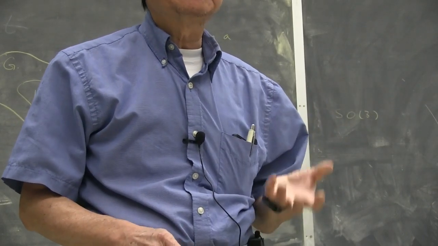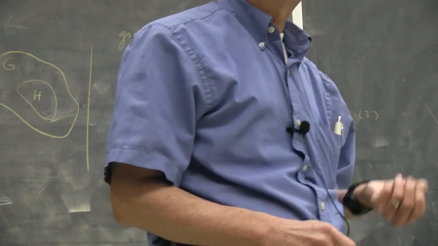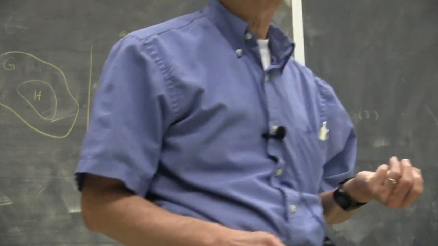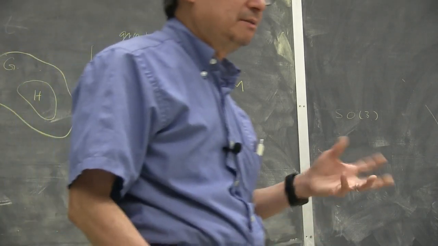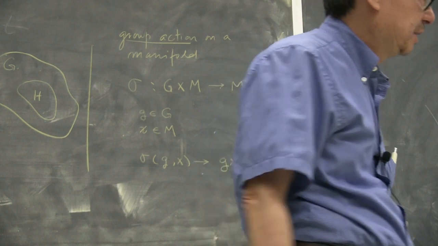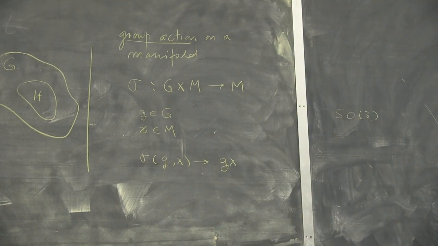Anything in SO3 is a 3 by 3 special orthogonal matrix, okay? Now we call this SO3 because of that property, but you know that we have come across this many, many times already, both in this course and elsewhere in classical mechanics, that SO3 is a set of three-dimensional rotations, right? And what is a three-dimensional rotation good for? It's good for rotating something in three-dimensional space. That's what it does for a living, okay?